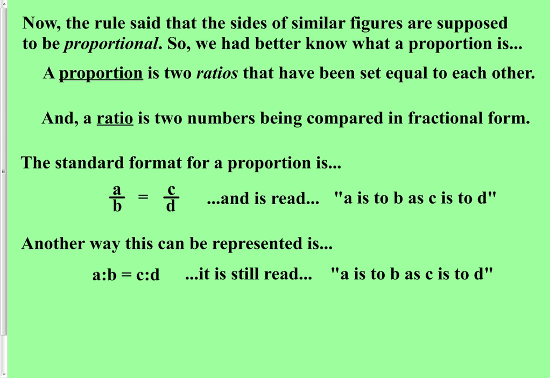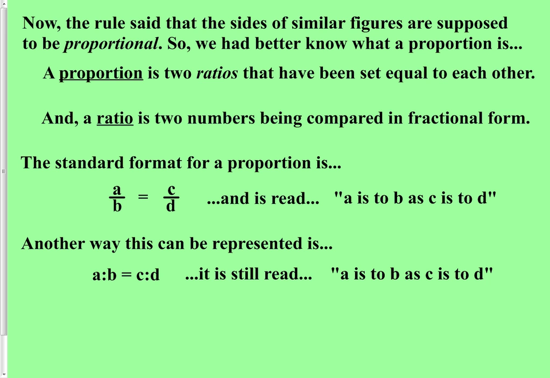Now, as you can see there at the middle and the bottom part of the screen, there's two different ways proportions can be expressed. One is what they call the standard format, or fractional format, of the proportion. That's where you have one fraction equals another fraction, and it's read A is to B as C is to D. Another identical way of writing it down is what they call the ratio format, and that's where they use colons instead of fraction bars, but it does not change the proportion or how it reads.